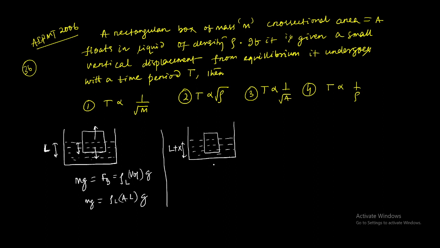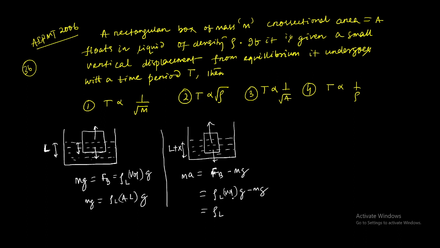For this, you can say that the net force will now be upward because the buoyancy force will be more. So mass into acceleration can be written as the new buoyancy force minus mg, because mg is downward. So the new buoyancy force will be how much? Rho L into the volume submerged, that is the new volume, into g, minus mg.